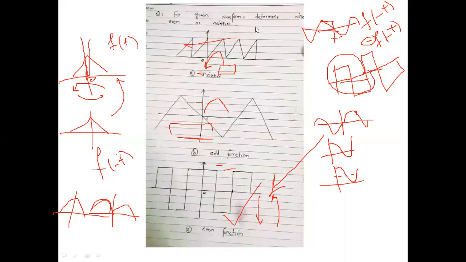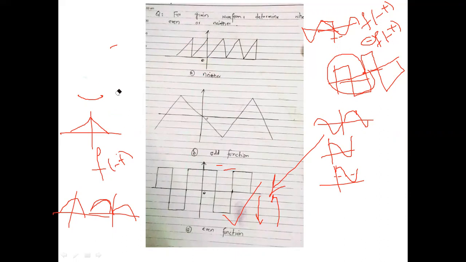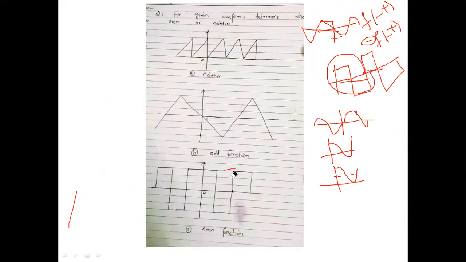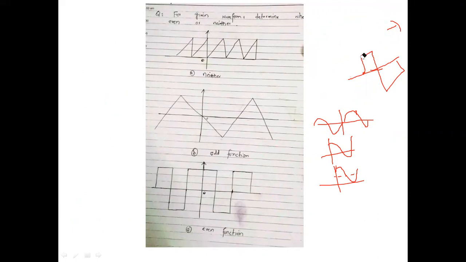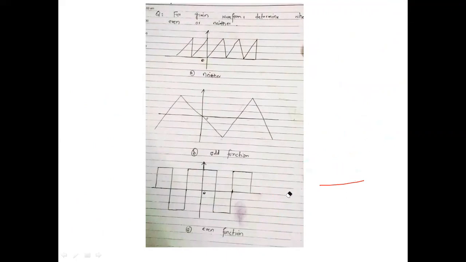Now you have to mention whether these waveforms are even, odd, or neither. The first waveform we have to classify is a sawtooth waveform.